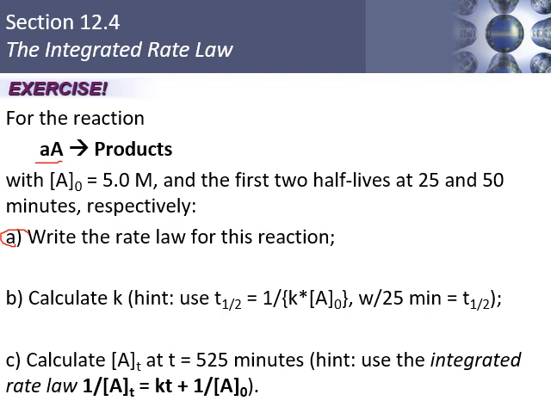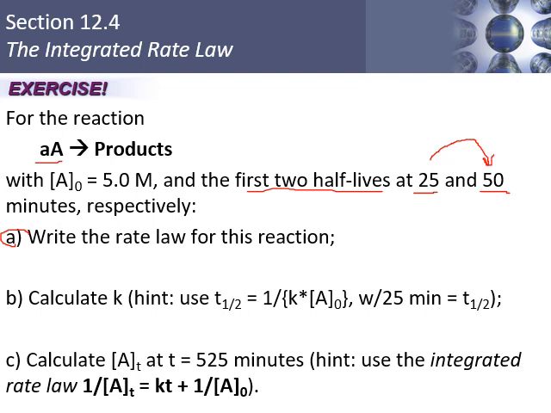So it's going to be rate equals some rate constant K times the concentration of A raised to some power. So how do we know what the power is? Well, let's look over here in the problem statement. It says the first two half-lives are, first of all, the first one is 25 minutes, and the second one's 50 minutes. And we notice the 50 is twice as long as the 25. That's our clue. It's telling us that the half-lives are getting twice as long every time we have another one.